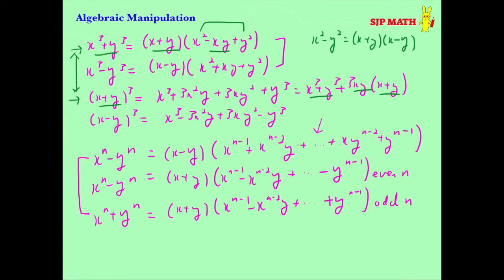Most of the time, no one really cares about this expression, but if x and y are integers, then we always know that x minus y will always divide x to the n minus y to the n. This is a very important fact in number theory. Because this is one of the first videos where I introduced these identities, I'm just saying it as a fact.